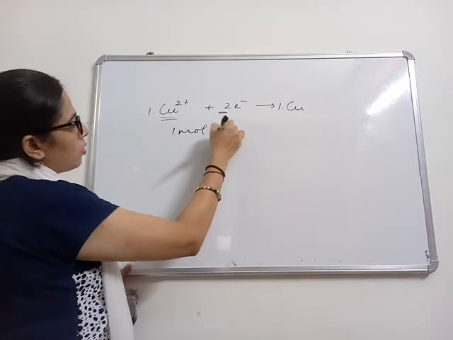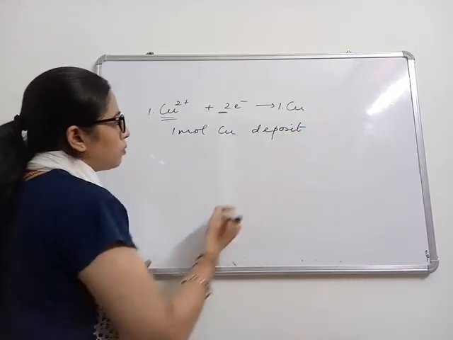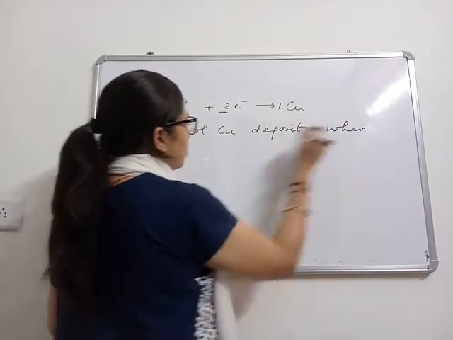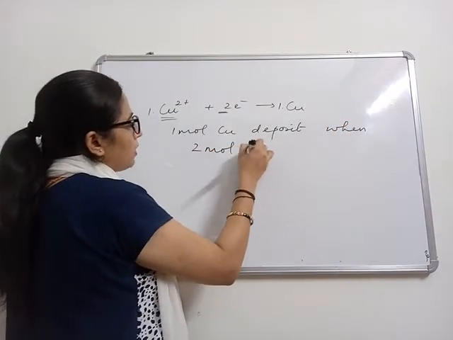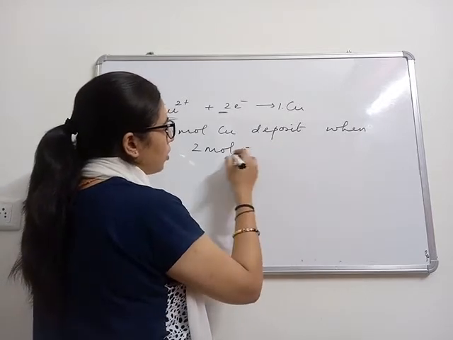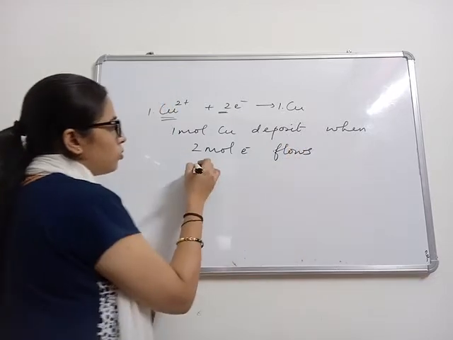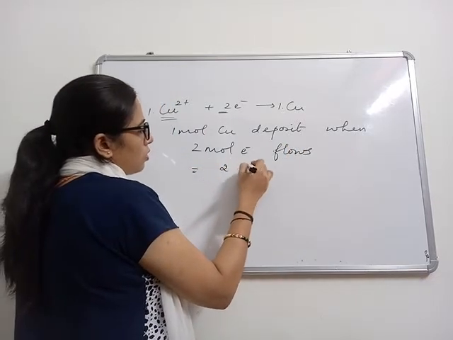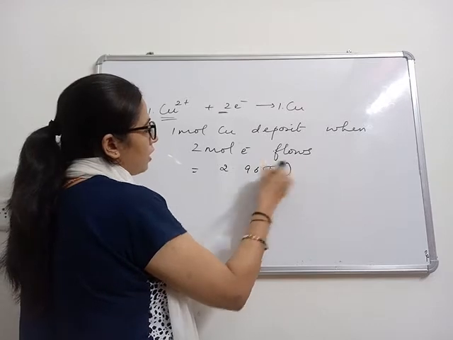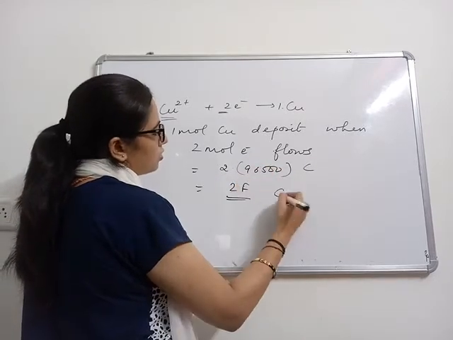So when will 1 mole copper be deposited? 1 mole of copper deposits when the charge of 2 mole of electron is passed through it, when 2 mole of electron flows through it. What will be the charge of 2 mole electron? 2 into 96,500 coulomb. That is 2 into Faraday's constant.